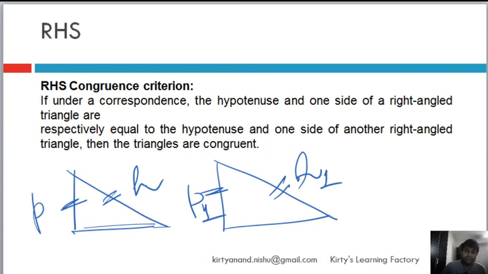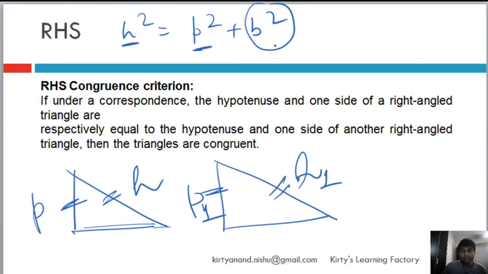So yes, obviously, because we have learnt in Pythagoras theorem that hypotenuse square is perpendicular square plus base square, right? So if I make this constant and make this constant across two triangles, then my base, which is the third side, that value will also be constant, right? So basically I will get S, S, S, all three sides equal, hence congruent.